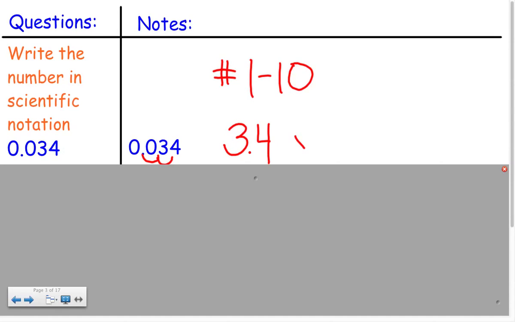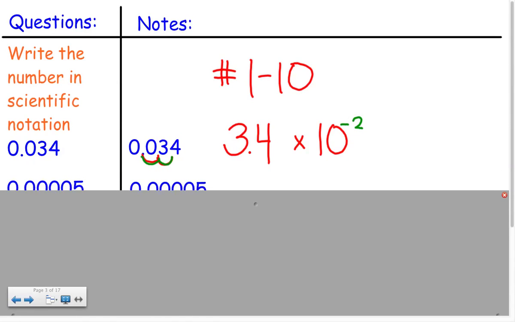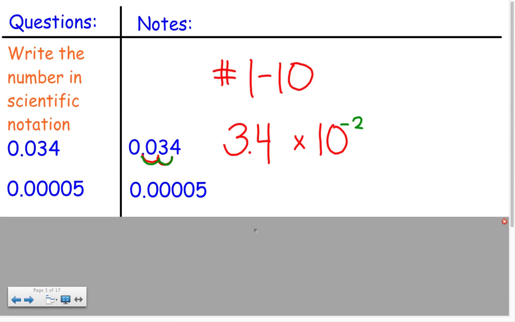So 3.4 times 10. I moved my decimal 2 times. And then 0.034 is a small number. It's smaller than 1, so my exponent has to be negative. Don't forget the negative exponent. All right, 0.00005.